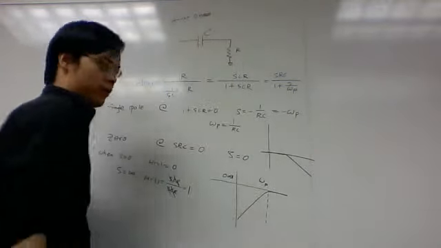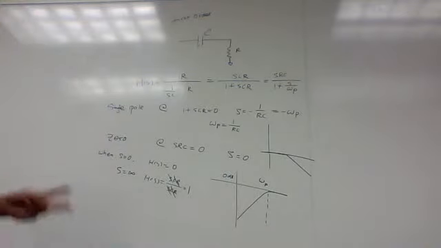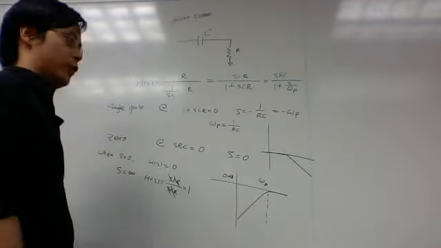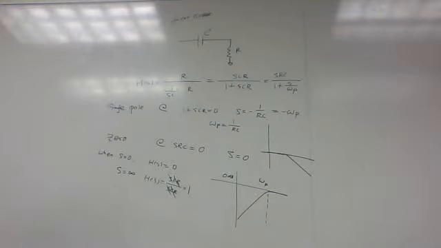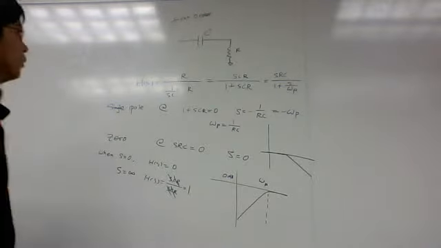Because it has only one energy storing element, only L or C. For first order systems you can only have real poles, a single pole. If it's complex conjugate poles, it has to be two. So that's so much we have for first order.